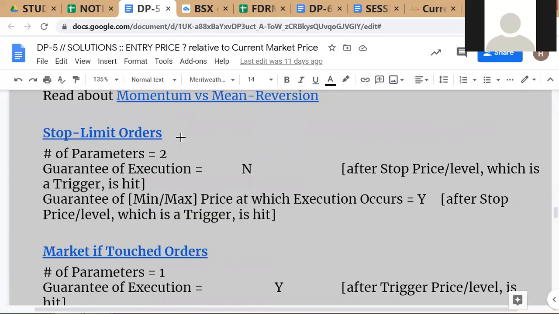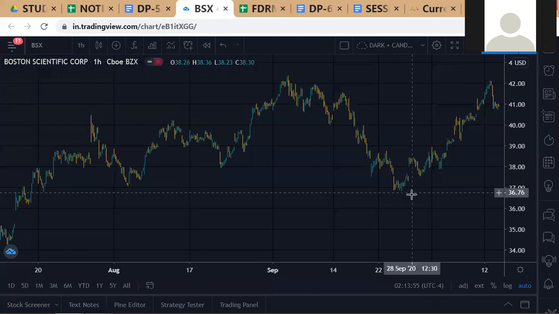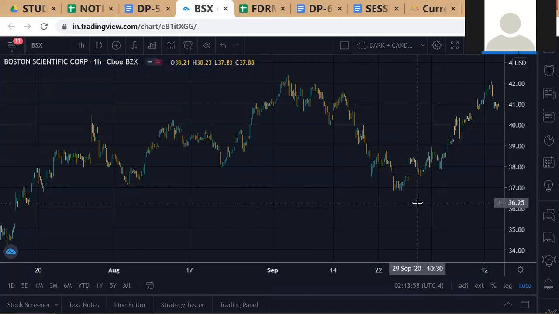So in this case, if it goes below 37, the market transmits a limit sell order, which means my order will not be done at a price worse than 36.5, which is my stop limit price. The system is transmitting a limit sell order, and it will ensure that it's sold at 36.5 or better. Now, this is the benefit of this order relative to a stop order.